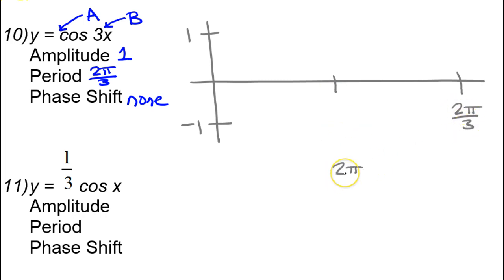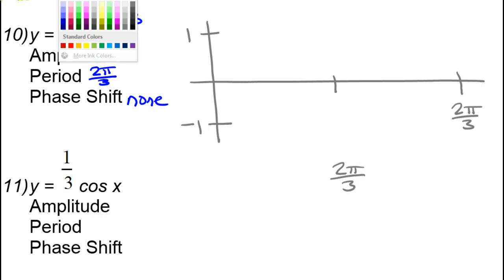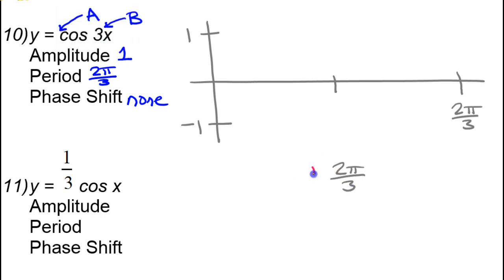If I take 2 pi over 3 and multiply that by a half, I get 2 pi over 6. But this reduces. 2 goes into 6 3 times, so this is pi over 3, which makes sense. If this is 2 pi over 3, of course half of that will be 1 pi over 3.